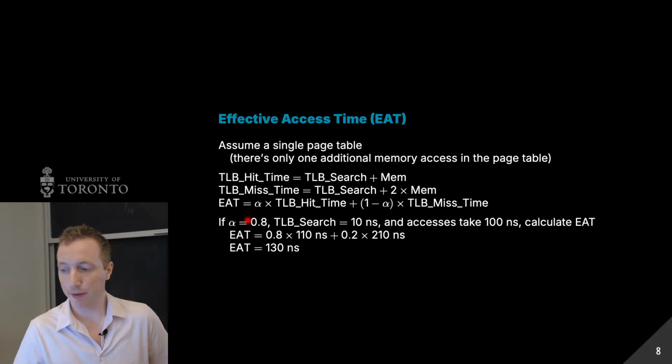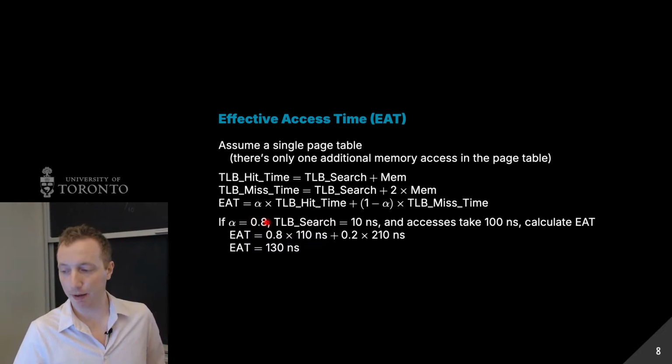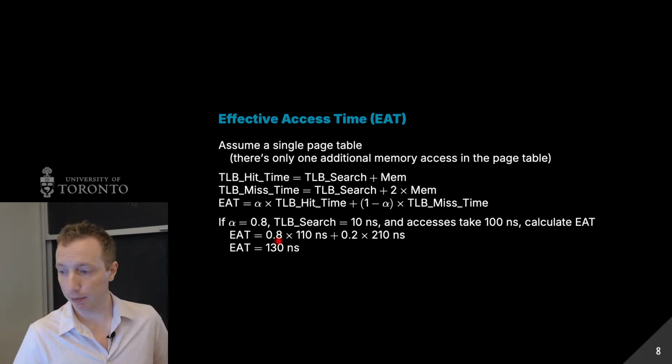So some numbers: a fairly bad rate is like, there's a hit 80% of the time. It takes 10 nanoseconds to search, and normal memory accesses take 100 nanoseconds. Calculate the effective access time. Well, that would be 0.8, so 80% of the time there's a hit.